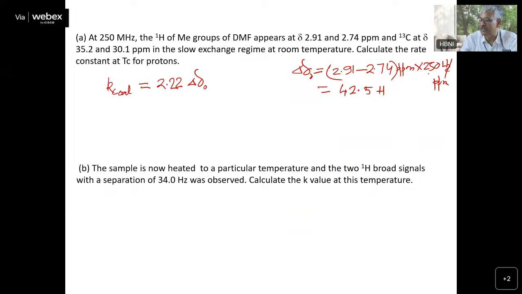If you subtract and then multiply it by 250, you will get 42.5. And so 2.22 into 42.5. So the rate constant will be 94.35 per second, because hertz is nothing but per second. So the rate constant is per second.